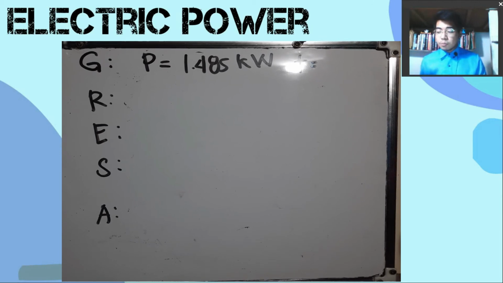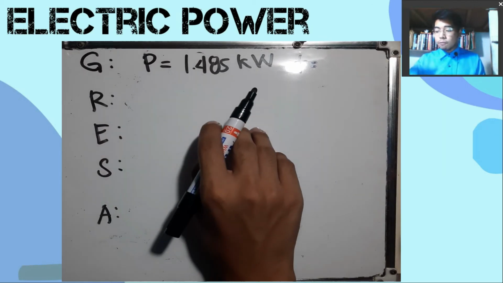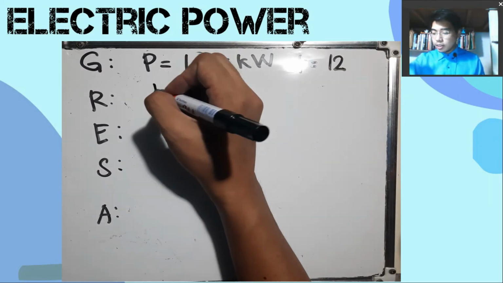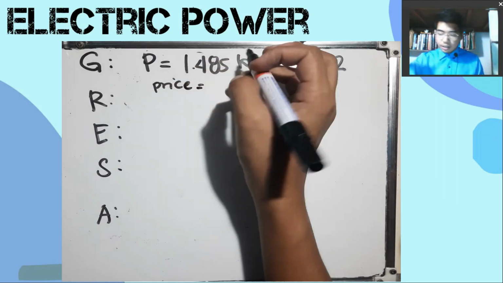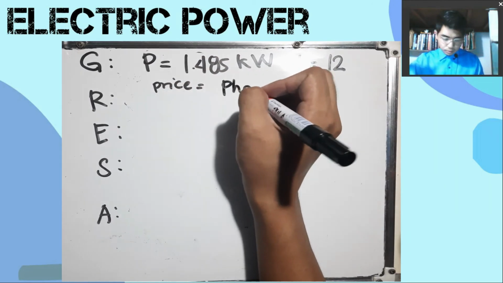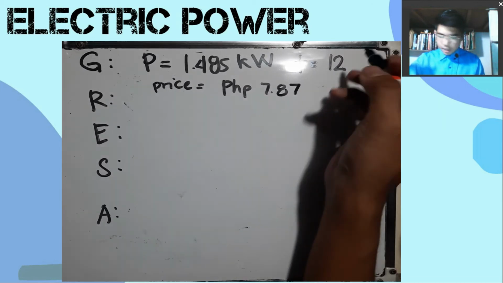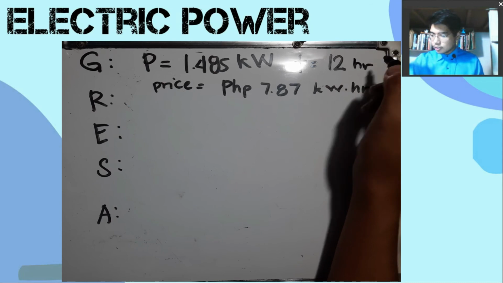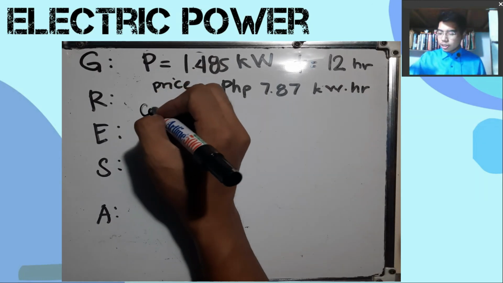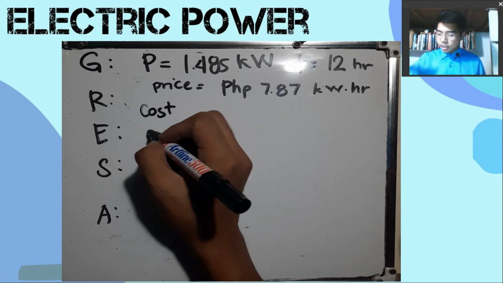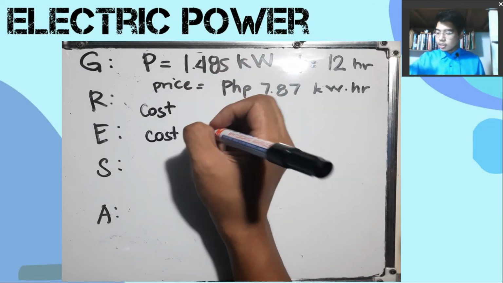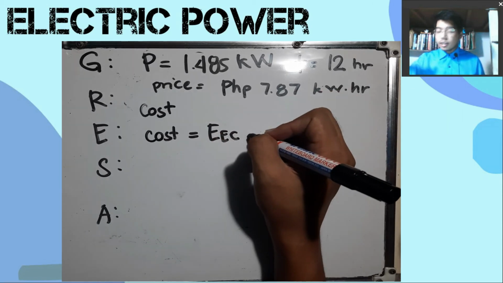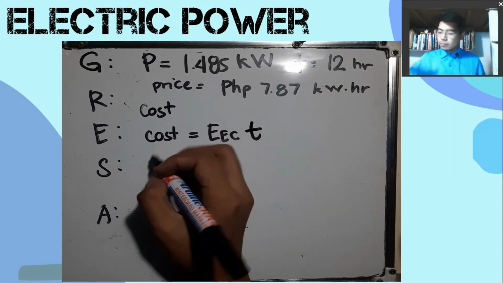According to this problem, the power is still 1.485 kilowatts, then the time is equivalent to 12 hours, then the price is now equivalent to 7.87 pesos per kilowatt hour. Now, for the required, we are looking for the cost. Then for the equation, cost is equivalent to electrical energy consumption times price.